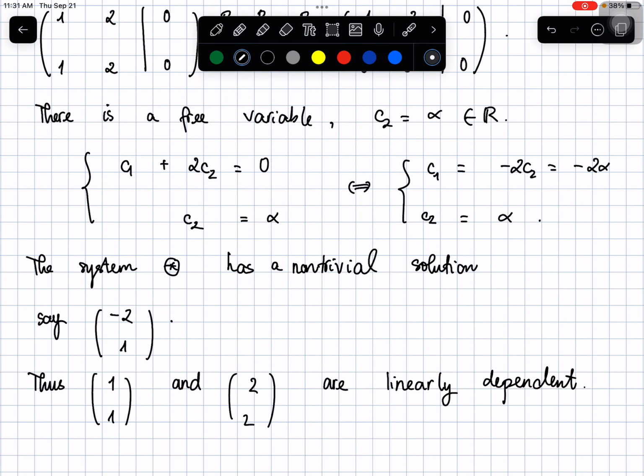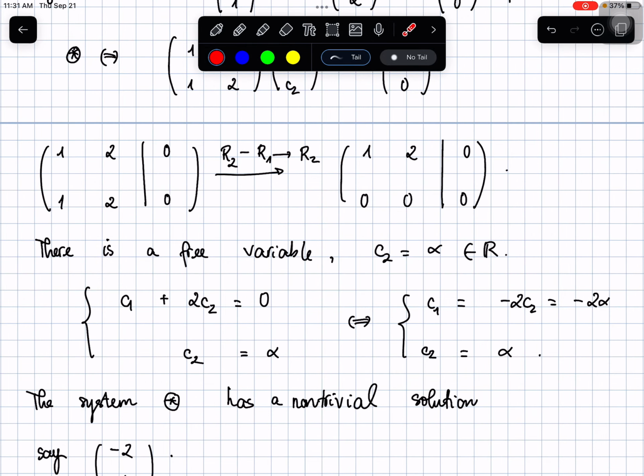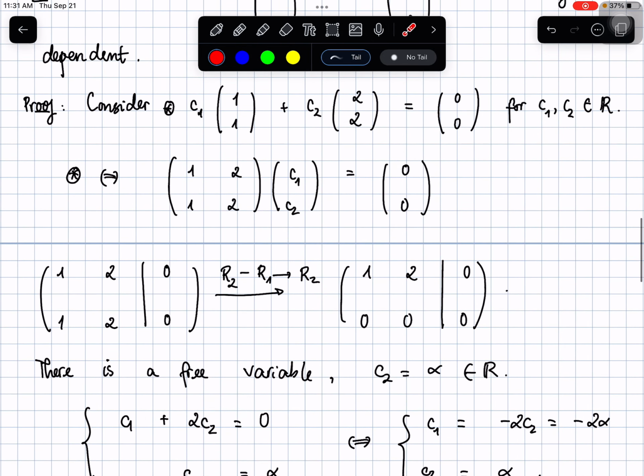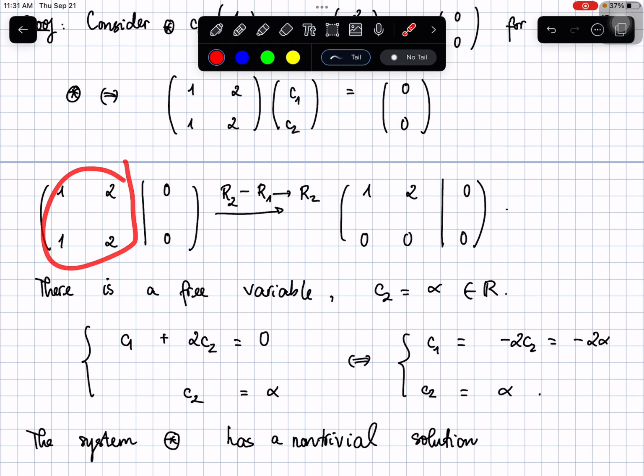Okay, so again, this question is only for a 2 by 2 matrix, right? And we know that this matrix is a square matrix with a non-trivial solution.